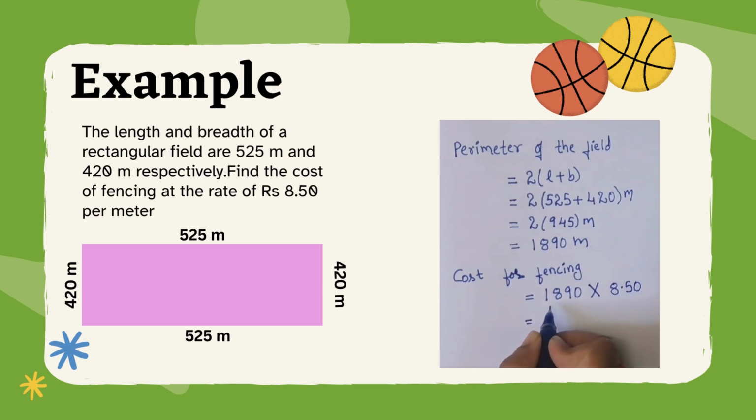When you multiply 1890 with 8.50, you will get 16,065. So what is the cost for fencing? It's rupees 16,065. So this is how we will find the cost of fencing.